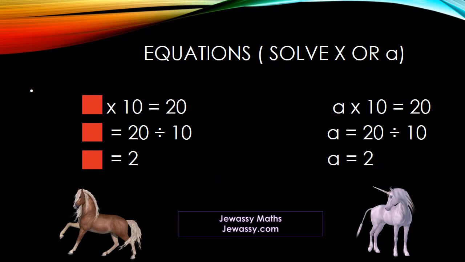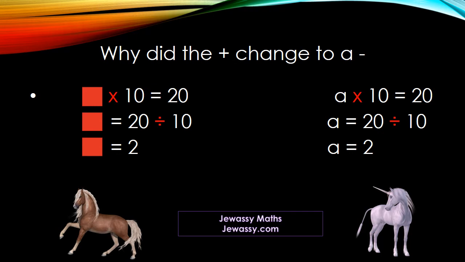The fact that we are now required to put in the second step where our multiply by 10 changes to divide by 10. A lot of students don't understand why that process takes place. So we're going to find that out. They don't understand why the multiply by 10 changes to a divide by 10.